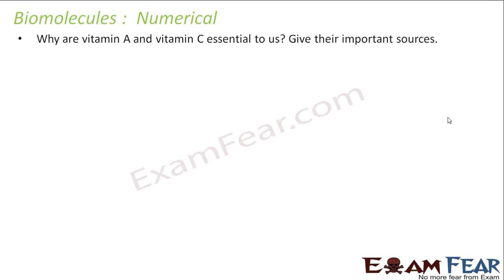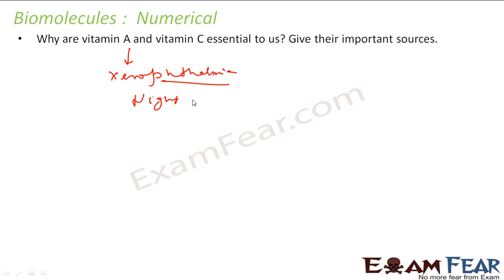The next is, why are vitamin A and C essential to us? So we have seen that vitamin A deficiency will lead to a disease called xerophthalmia, where the cornea gets hardened, also night blindness. Vitamin C deficiency will cause scurvy, where the gums bleed.